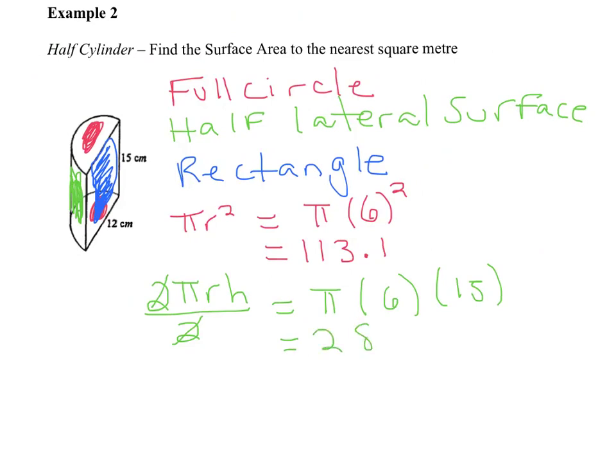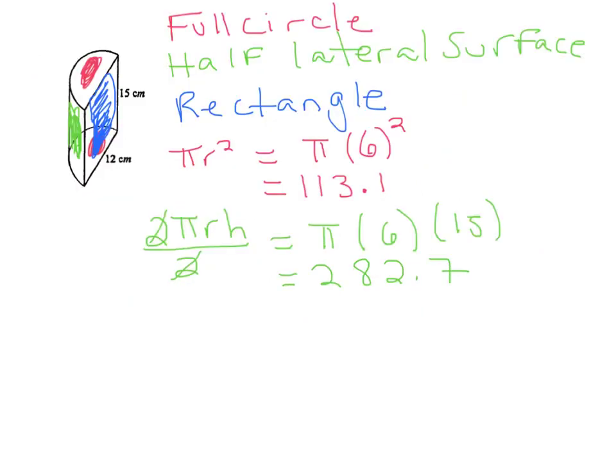So we have 282.7. Rectangle, we would just have length times width. So we'd have 15 times 12, 180.